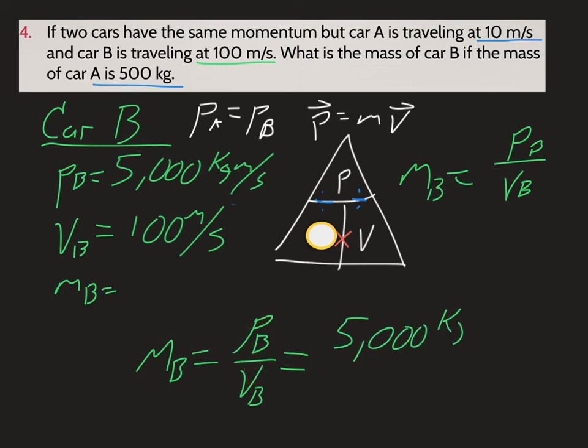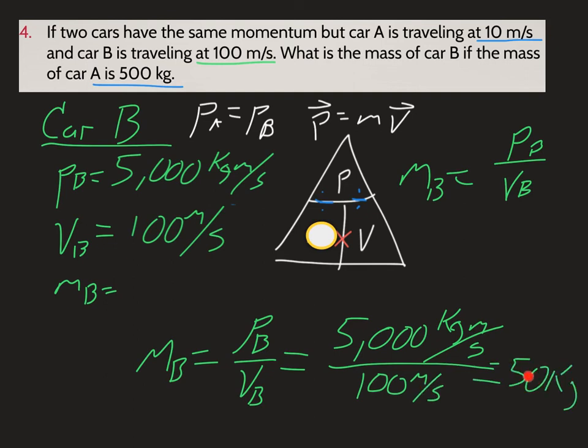So I put 5,000 kilogram meters per second divided by 100 meters per second, my velocity, gives me 50 kilograms.